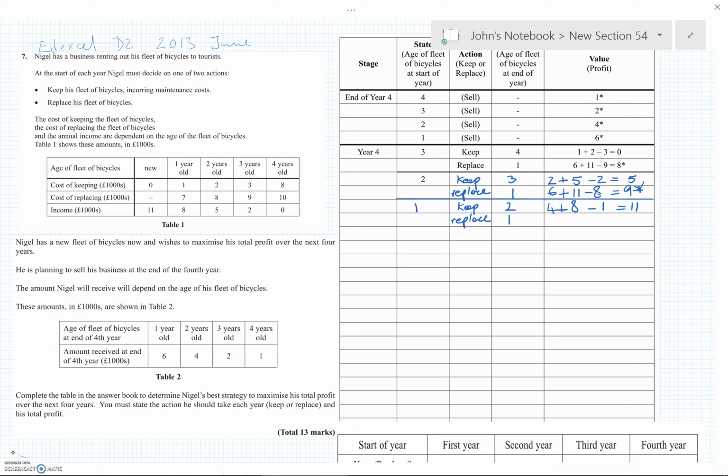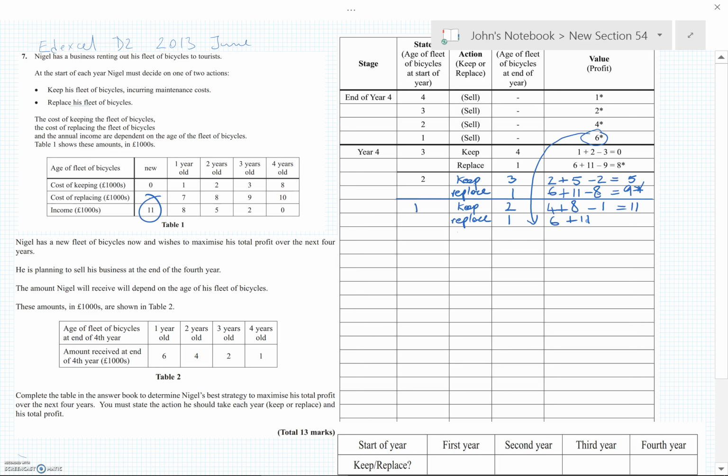So moving to the next row, where we've replaced our 1-year-old bicycles with new ones, we're going to be pulling the state destination 1 from before, so that gives us a 6. If we have new bicycles, they're going to have generated an income of 11.